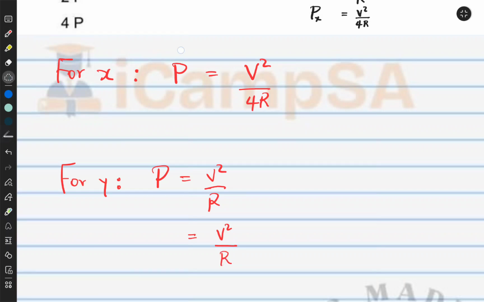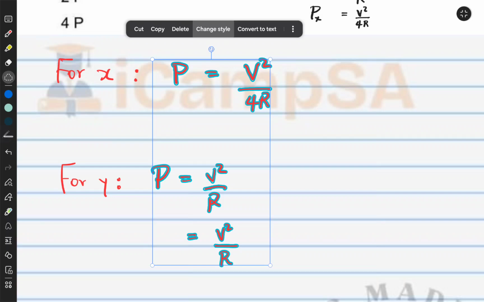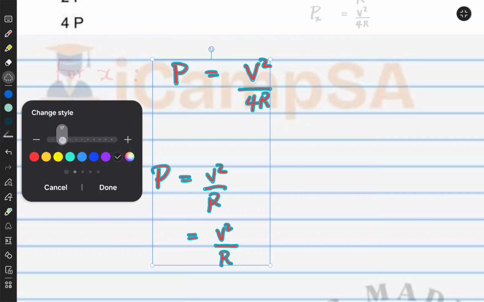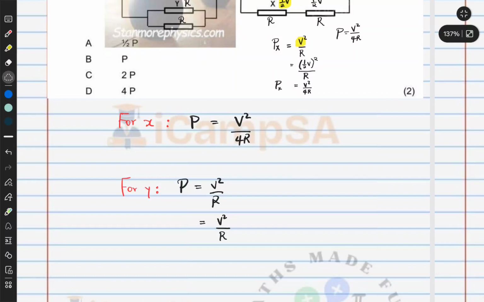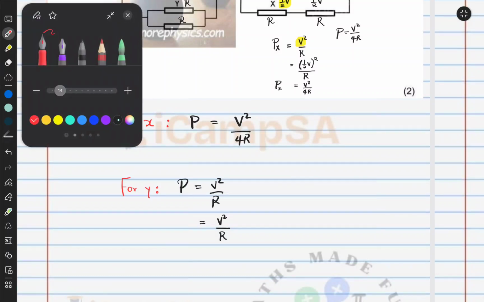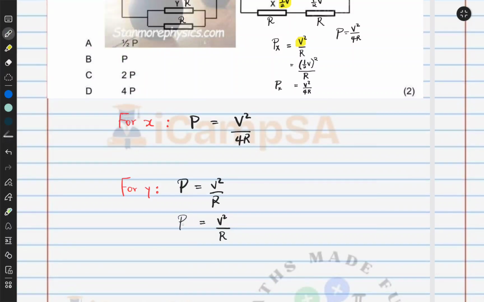right? Right, so that is our power for Y. So that's Py.